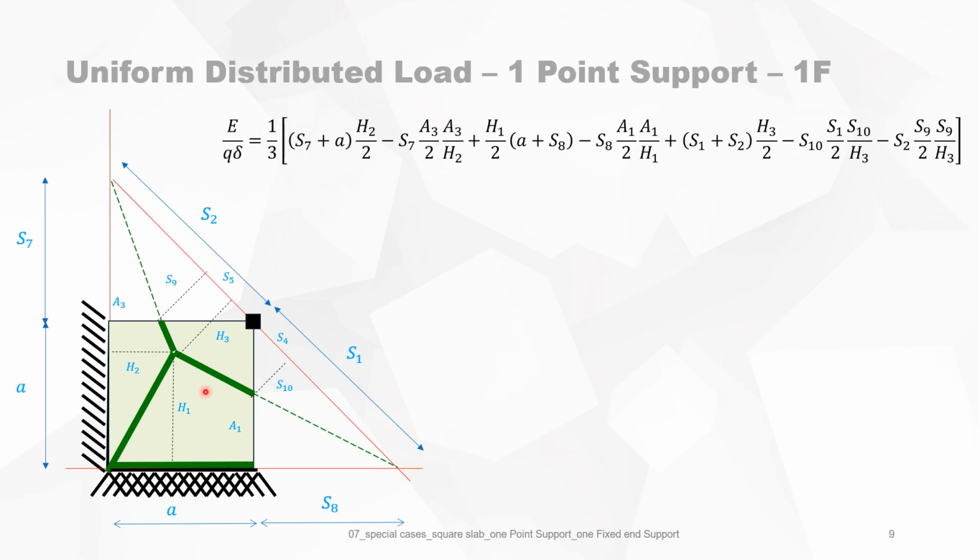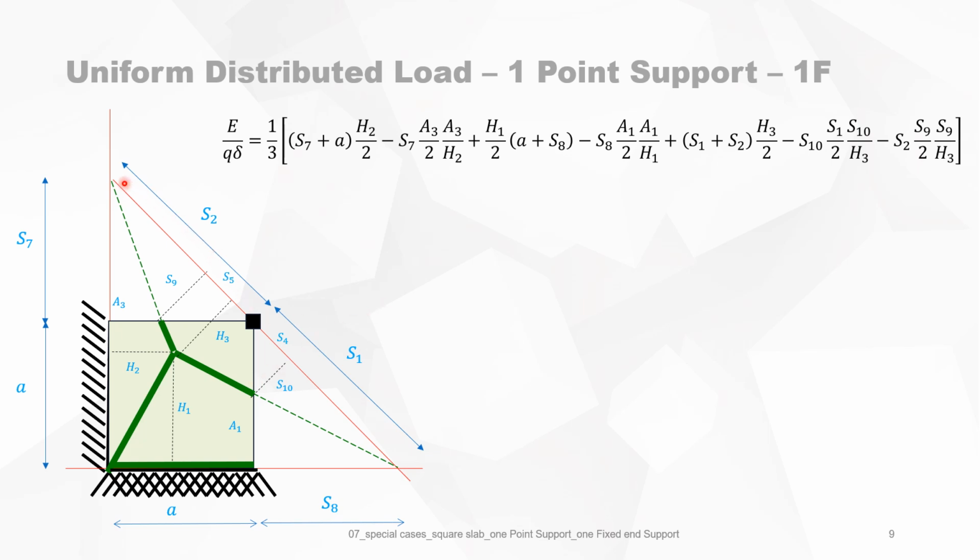Then for the other side here, we have H1 times A plus S8 divided by 2 for the surface of the triangle, minus the portion outside of the slab, which is A1 times S8 divided by 2, multiplied by the maximum deflection on this point, which is, of course, A1 divided by H1.